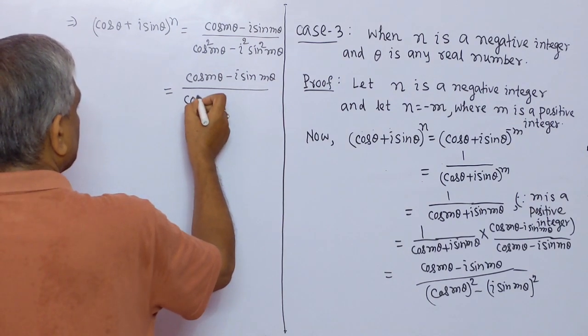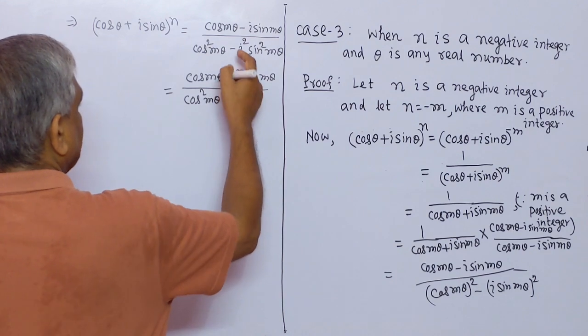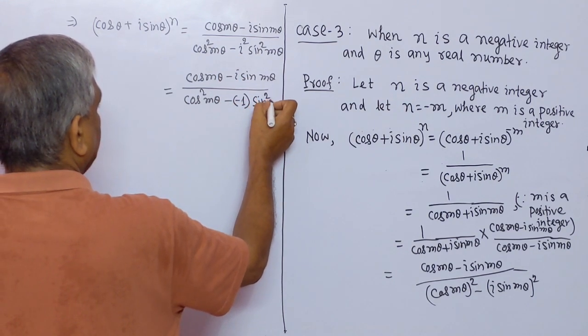Here cos square m theta minus i square, means minus 1, sin square m theta.